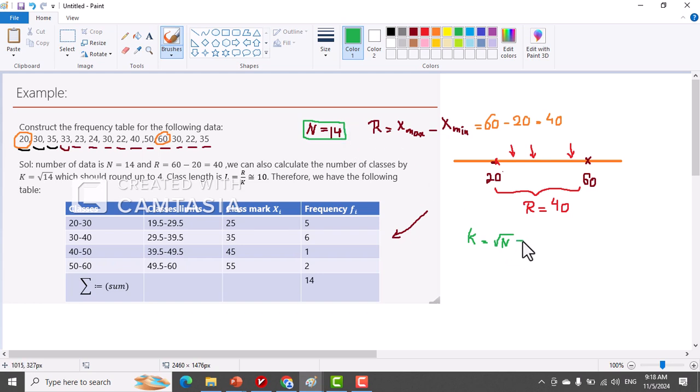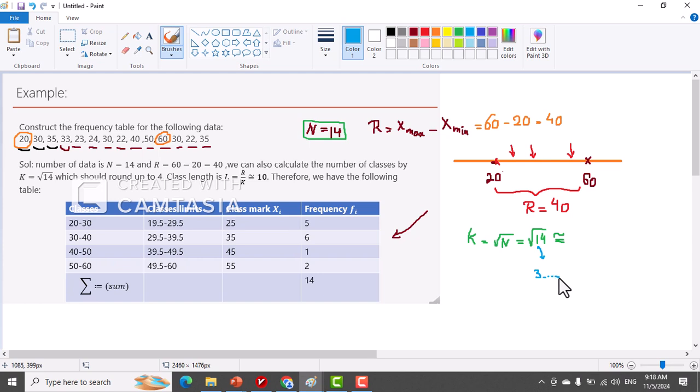So the root of 14 should be calculated, and the root of 14 is equal to 3 point something. We always round this value up to the higher number. So the root of 16 is equal to 4, and the root of 9 is equal to 3.